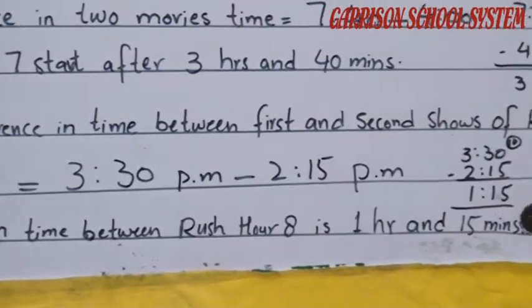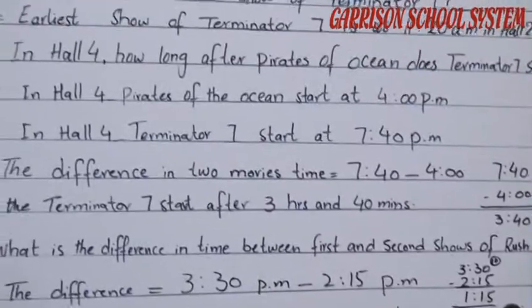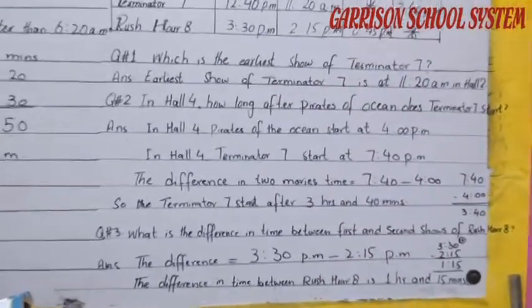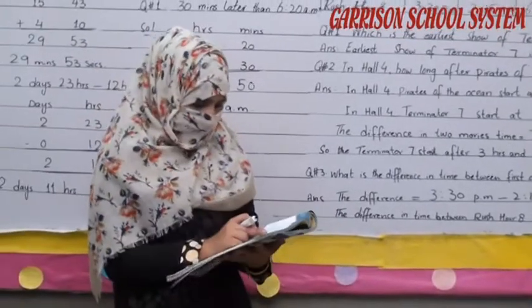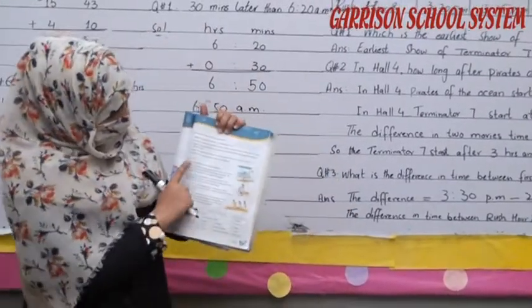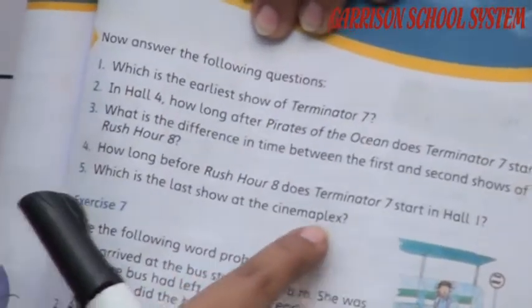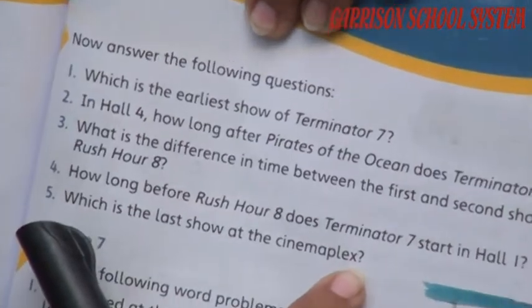Question number 4 and question number 5 are also the same. Question number 4 is the same as question number 2. And here is question number 5: Which is the last show at the cinema plex?